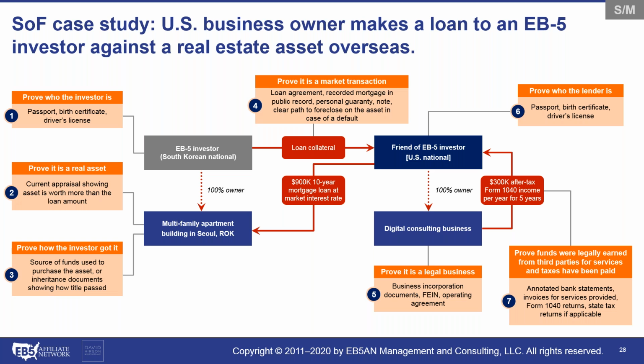If you were getting a loan from, let's say, Wells Fargo Bank, then you're not going to need to prove that Wells Fargo got that $900,000 and show all the transactions of where Wells Fargo got that money, right? There's going to be a much different standard for a publicly traded multinational bank versus a smaller private operating company. So that's important to note there.